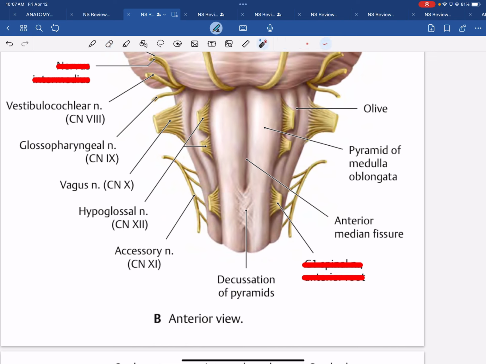Good. Which tract decussates here? Do you know the name of the tract or pathway that decussates at the pyramids? It's going from the cerebral cortex to the spinal cord. So it's called the corticospinal tract, right?